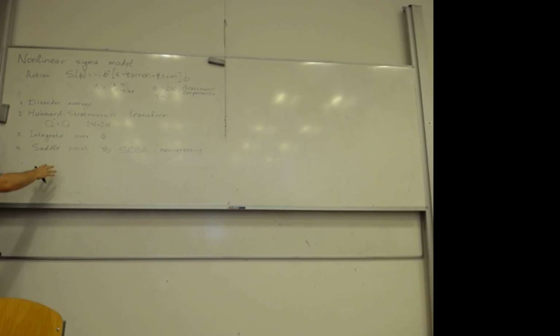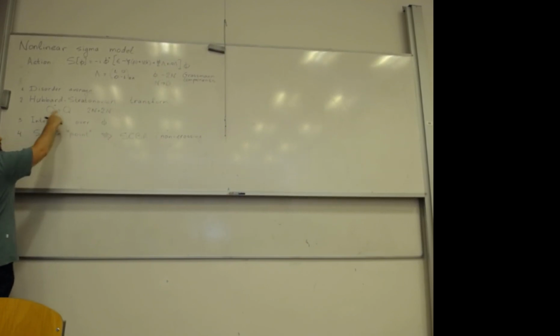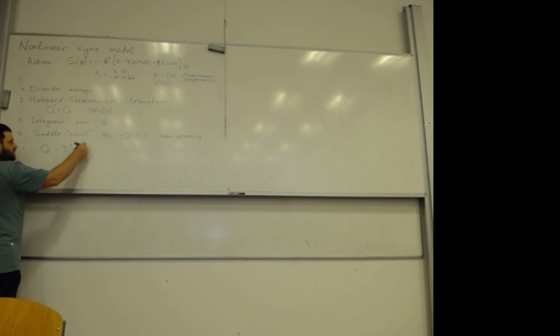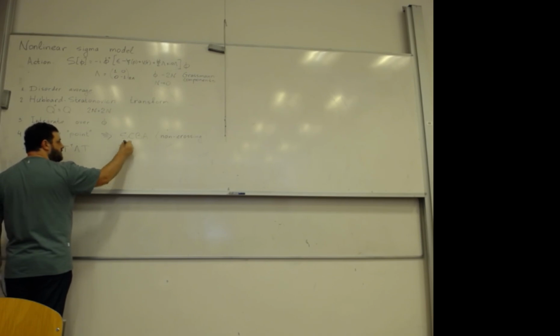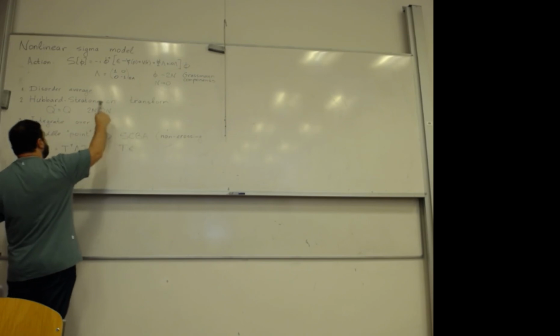Moreover, it turned out that this saddle point approximation is not just a single point where this action is minimized, it's a manifold. When this Q matrix is restricted to this manifold, we can represent it as Q equals T dagger lambda T, where matrix T is unitary of the same size.